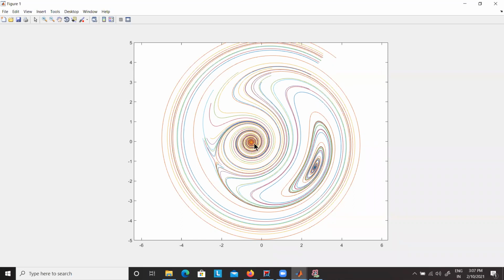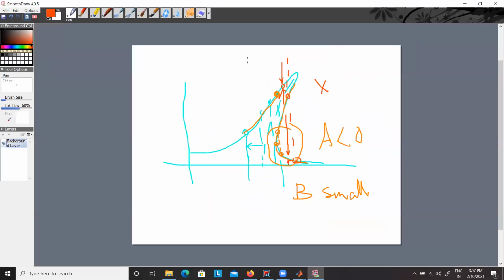Now, if I increase delta, what is expected is that the unstable solution and the stable solution will merge and disappear. Okay, so over here, if I increase delta, that means I go like this, the stable solution and the unstable solution will merge and disappear. This stable solution will persist. This is what I have told you before, right? I'm showing you that now. So what do we expect?